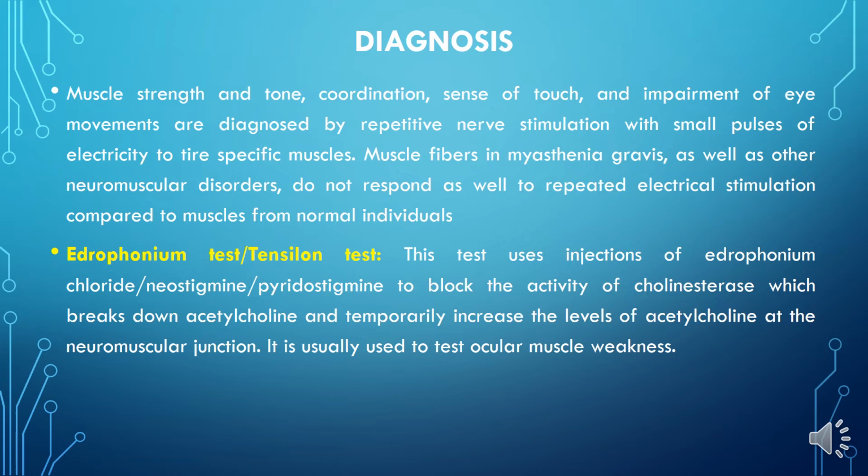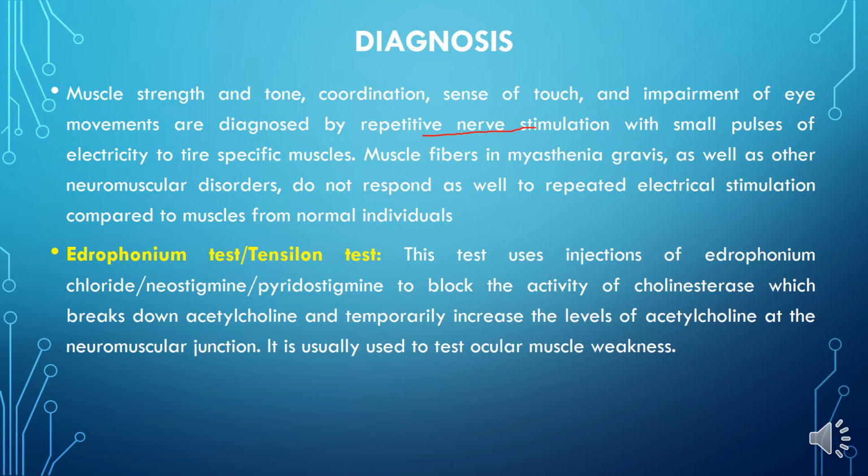Diagnosis of myasthenia gravis. Now we know that in the neuromuscular junction, if we repeatedly stimulate the muscle fibers, then it will develop fatigue, and it will take longer and longer time to get the response. But in myasthenia gravis, if the nerve and the muscle fiber are repeatedly stimulated with a small amount of electricity, then they will start producing the symptoms of myasthenia gravis.